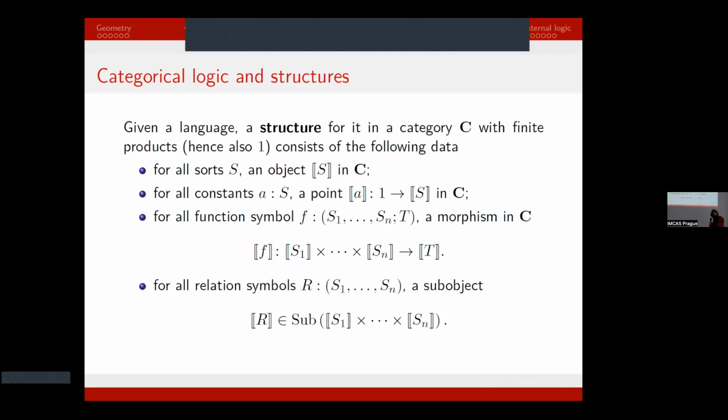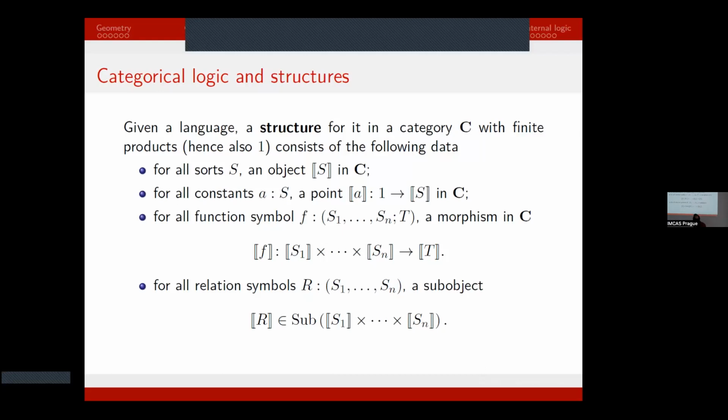Okay, so we have a language. What's a structure? A structure is an interpretation of the language. So every sort will be interpreted as an object in the category. So a sort of ring will become an object in the category, and then we'll build them. Every constant will become a point, and as I said before, points in category theory are just maps from the terminal object to S, and of course, I'm requiring finite products, which also implies the existence of one.